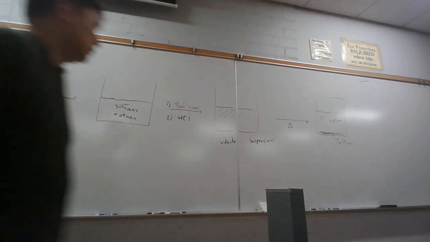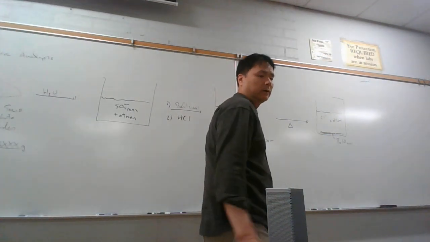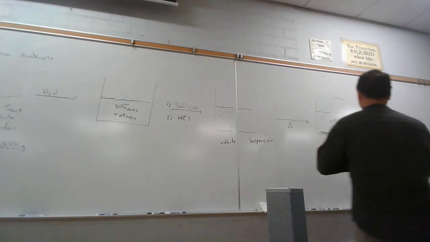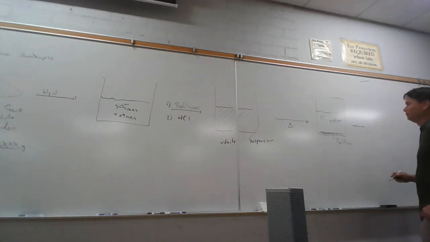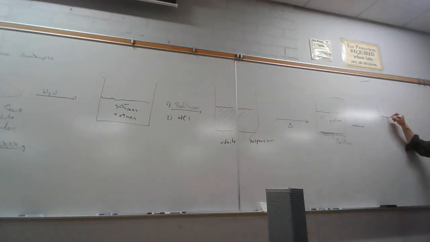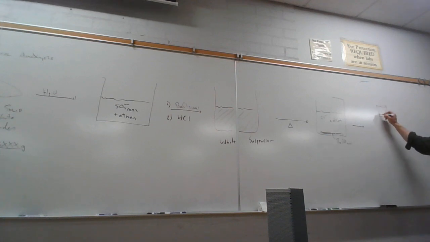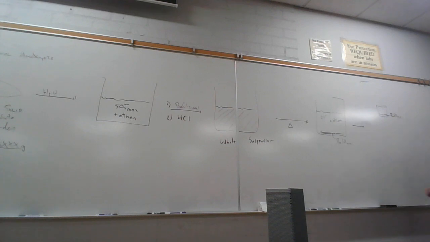All right. So what we're going to do after this step is we're going to vacuum filter and collect our barium sulfate here. But we want pure barium sulfate in here. So we're going to make sure we rinse this thoroughly.